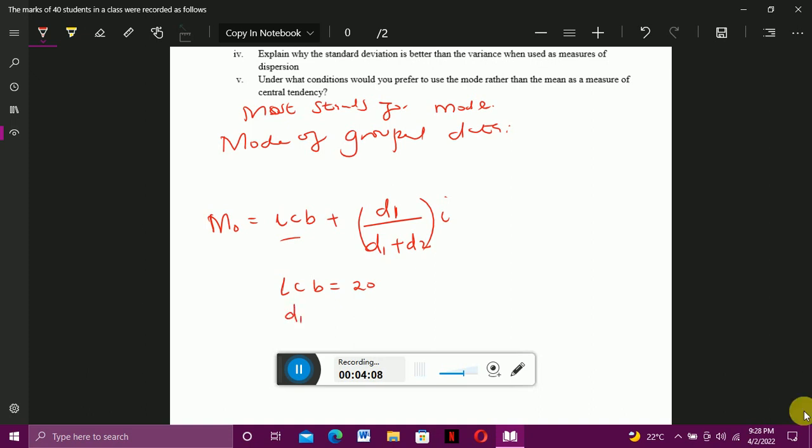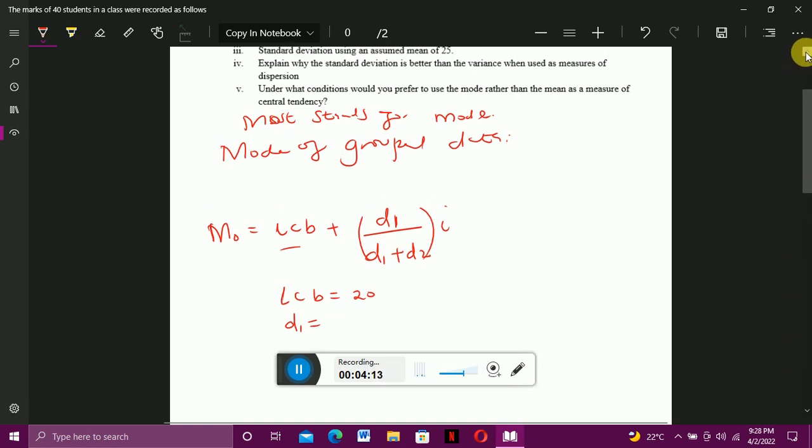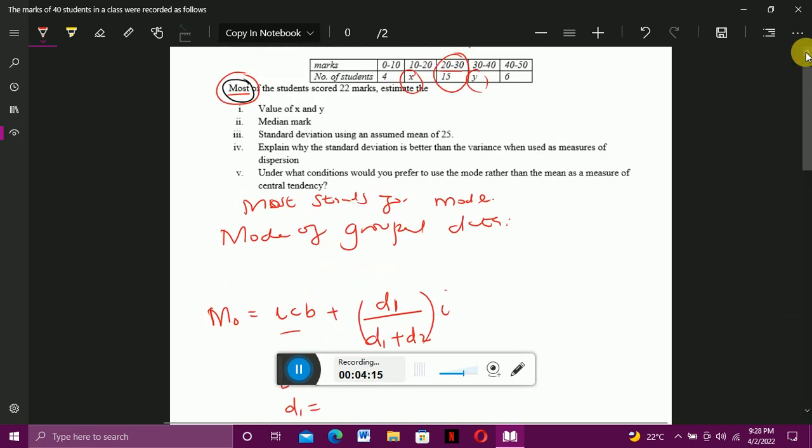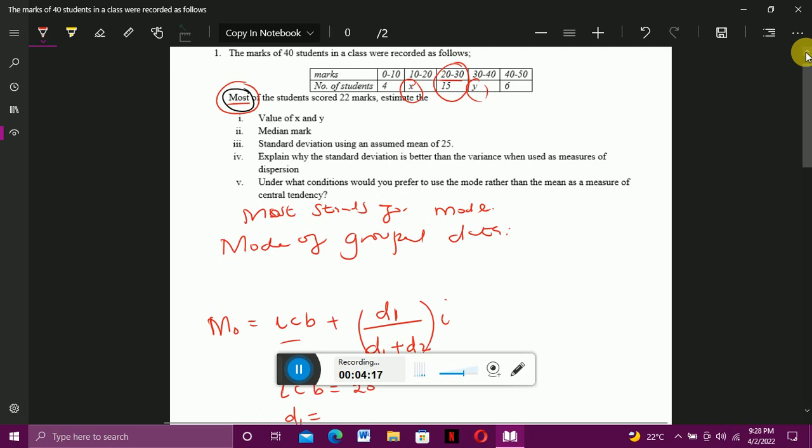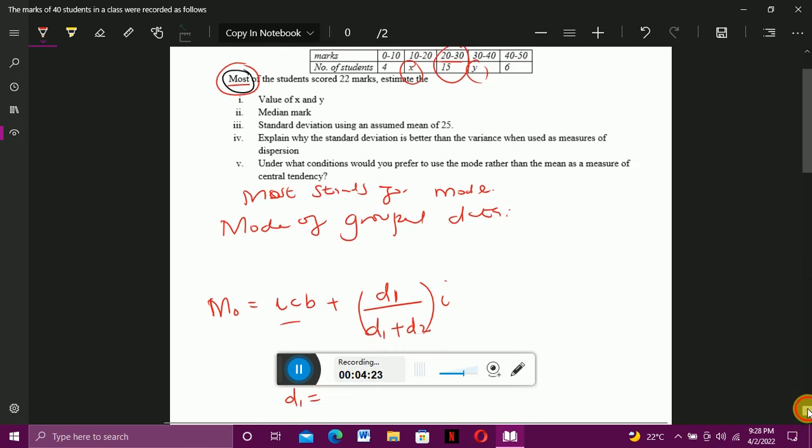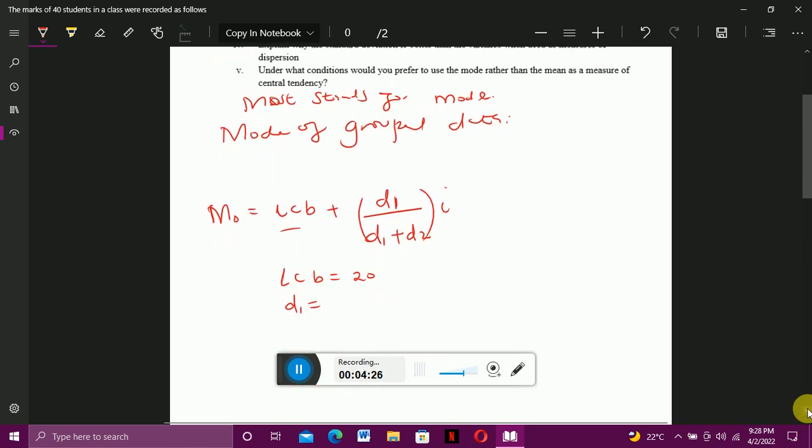D1, we look at the table, we have 15 minus x as D1, and D2 as 15 minus y. So D1 is 15 minus x.